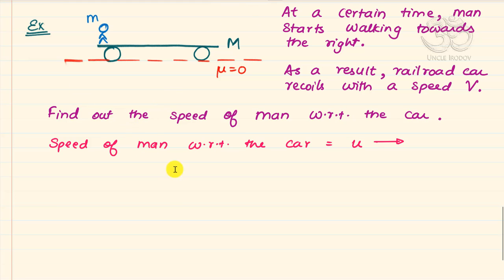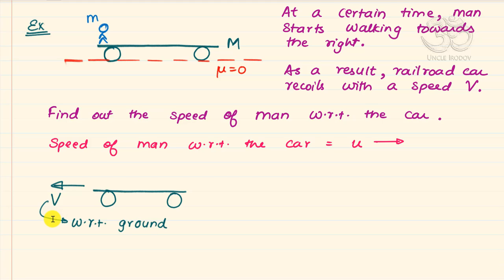Let us say the car recoils at a speed capital V. So the car recoils at a speed capital V in the backward direction, and this is with respect to the ground, clearly. And the man here has got a speed u. This is with respect to the car.